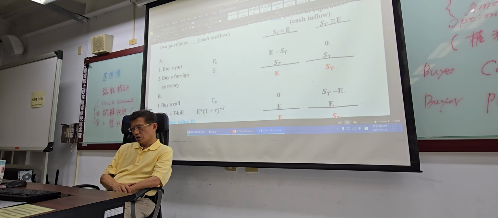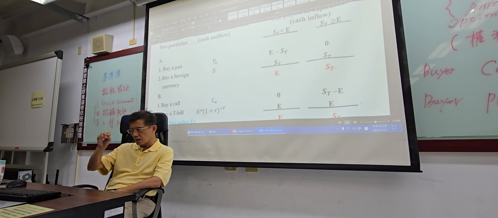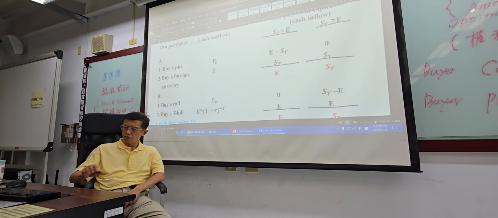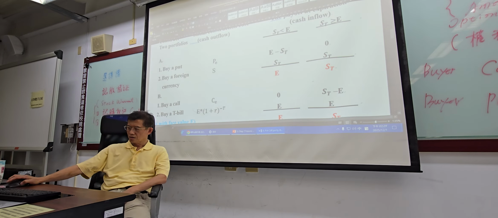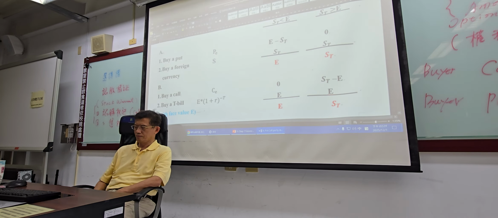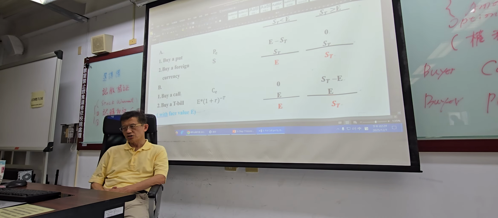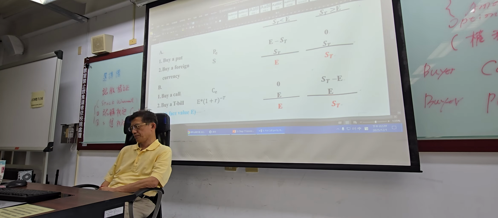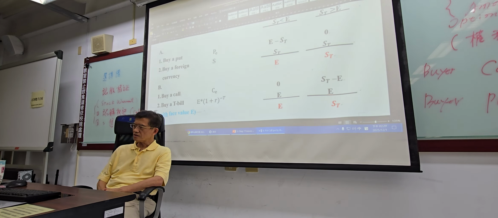Number two, buying the underlying asset, which is foreign currency. And portfolio B will be constructed by buying a call and buying a treasury bill. And this treasury bill has a face value of the exercise price, capital E.